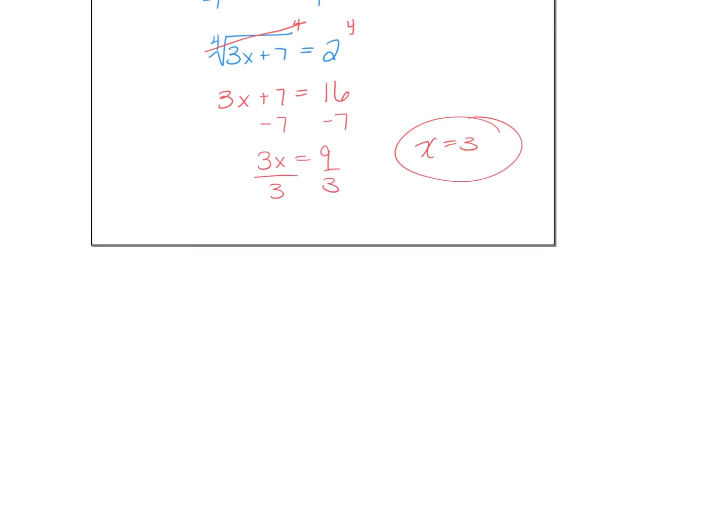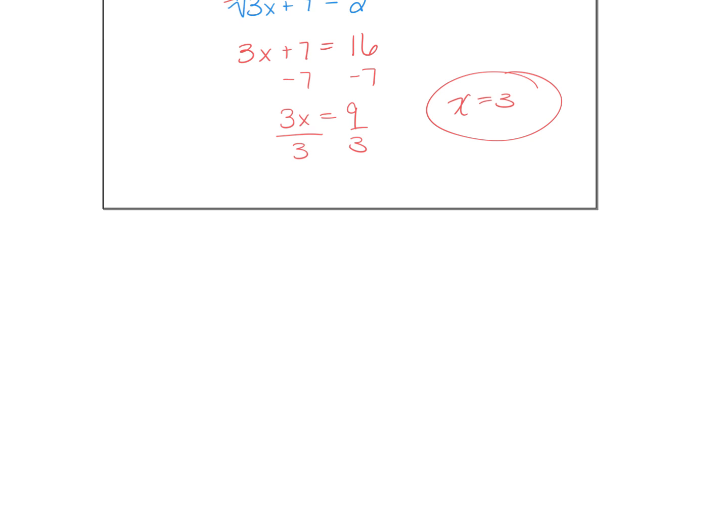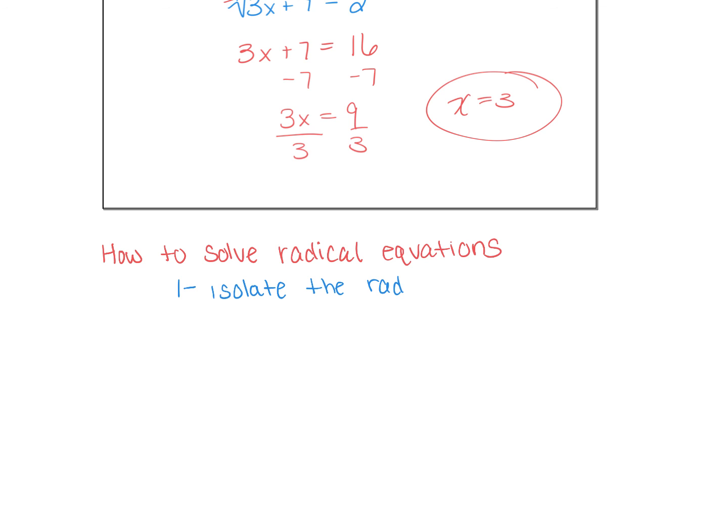So in summary, now that we've done the 2 videos on 7.5, how do we solve radical equations? There's really just 2 steps. Step 1, the most important, is just to isolate the radical expression that has the variable, right?